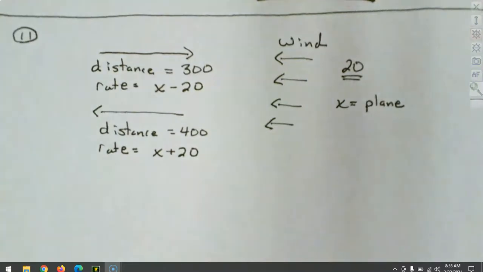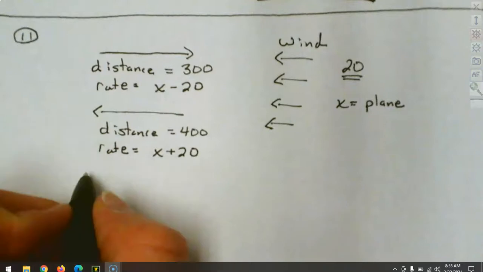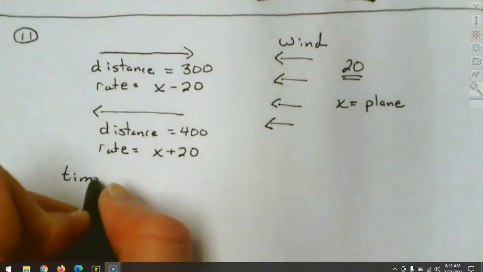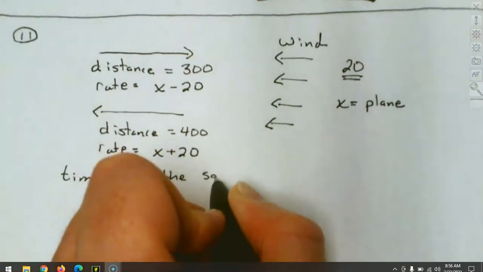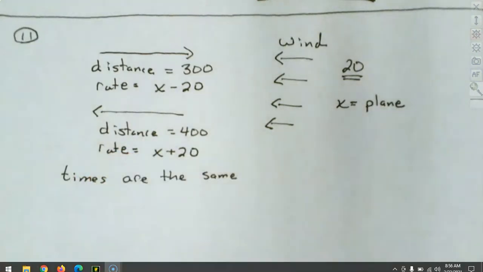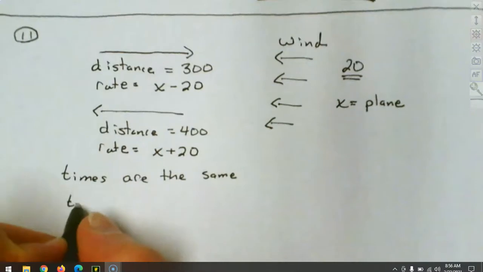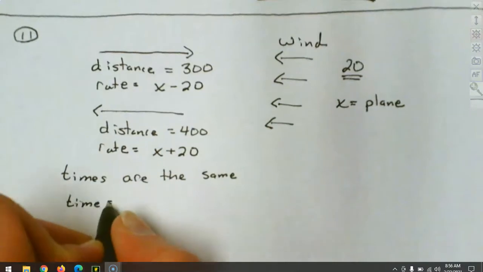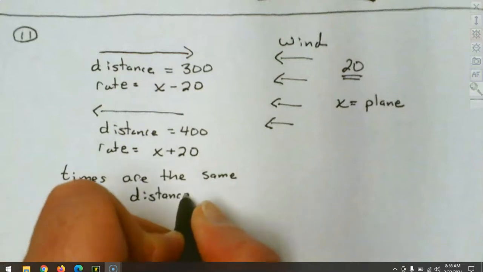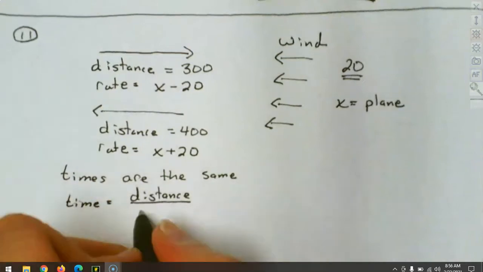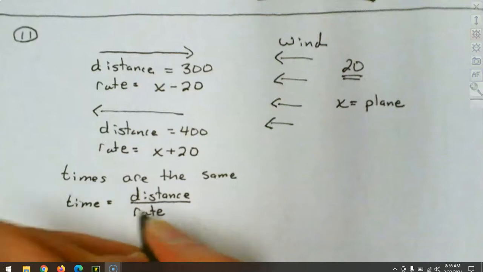Now we know that the times are the same. And how do we find our time? Well, the time, we just did this a moment ago, is the distance divided by the rate of speed.